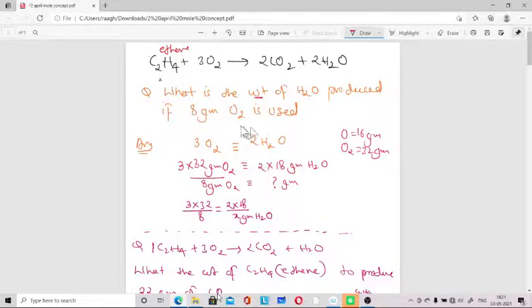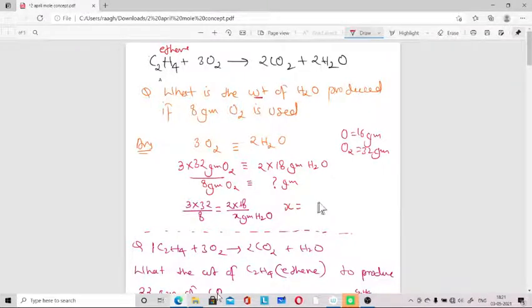Now if 8 gram O2 is used, what is the weight of water? So weight of water, we can take it as x gram, and then we can calculate the value of x. This is how we are going to calculate x. You can easily calculate by cross multiplication.